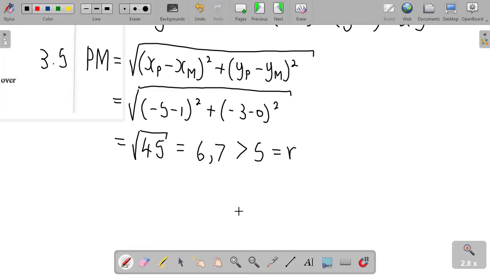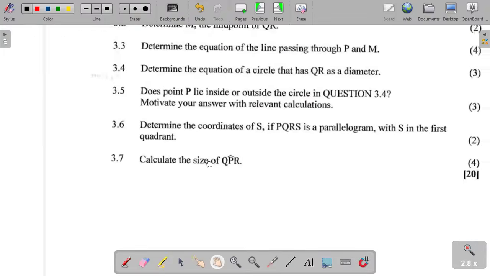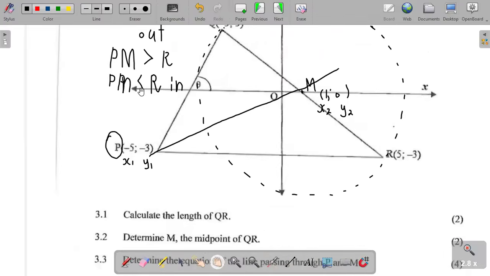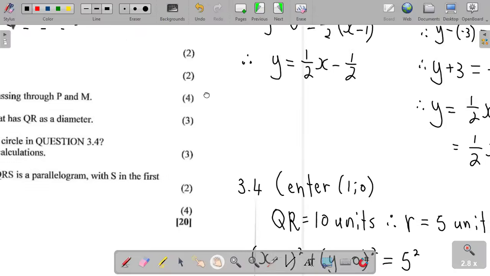So what that means is that P lies outside the circle. Remember what I said here, that we must find PM. If it's greater than r, it is outside the circle. If it's less than r, it is inside the circle.